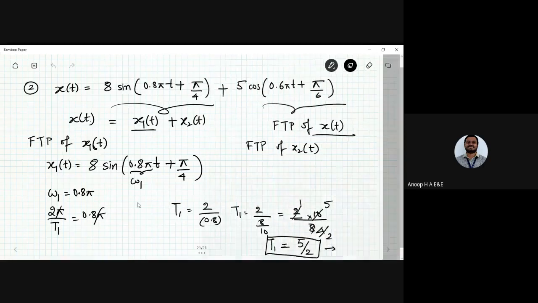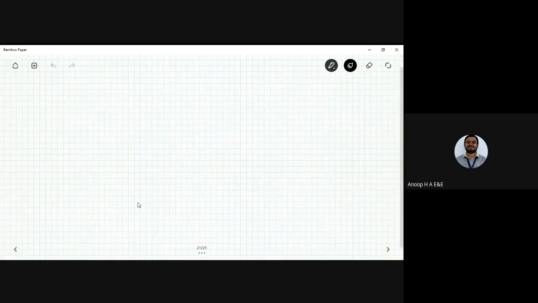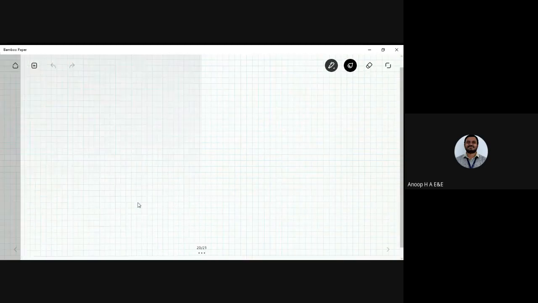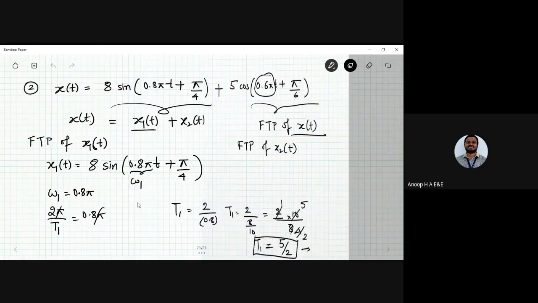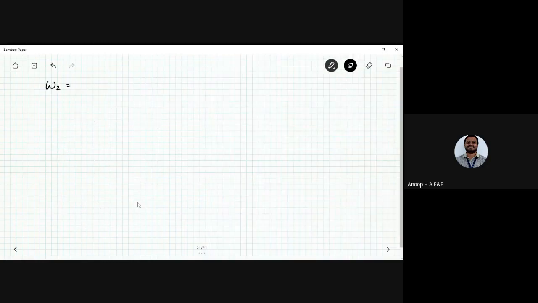Next, what do I need to do here? I need to calculate t2. So what is t2? This one is 0.6 pi into t, so omega 2 is 0.6 pi. Next, you are going to have 2 pi divided by t2, which is 0.6 pi.